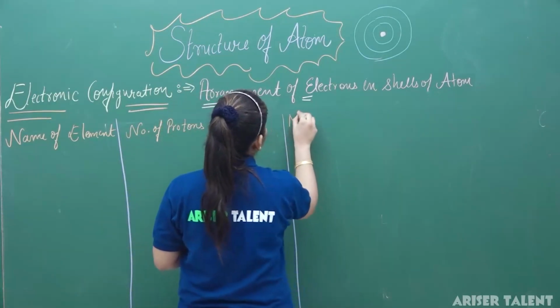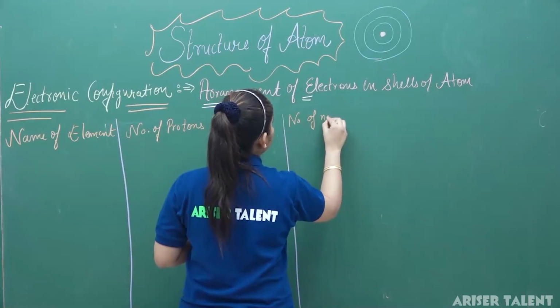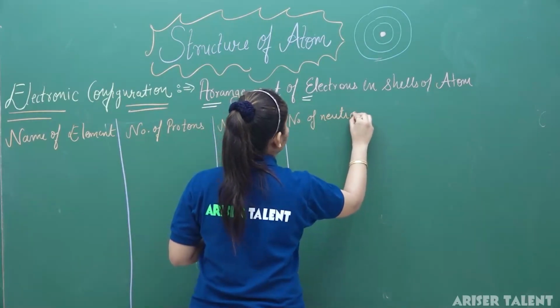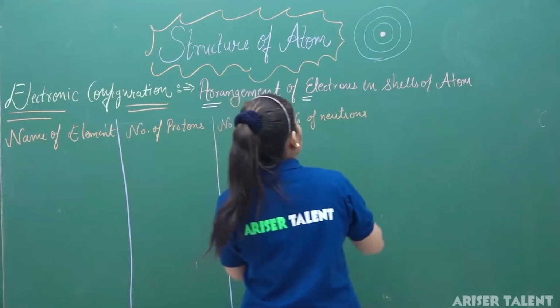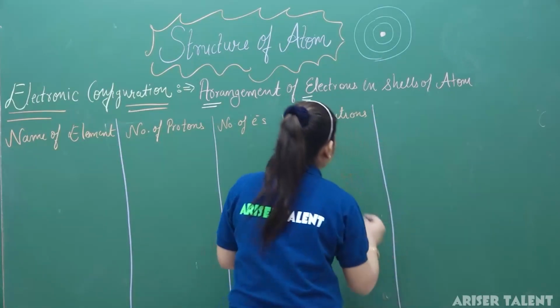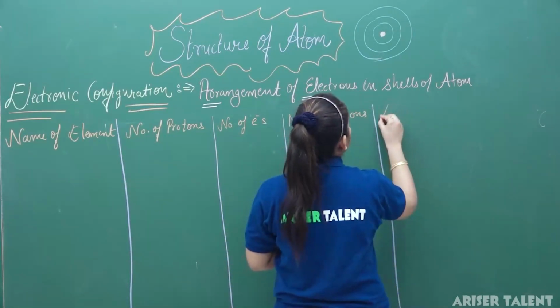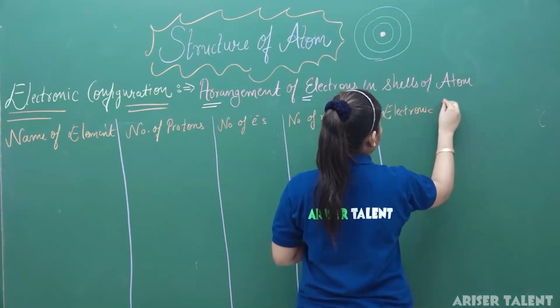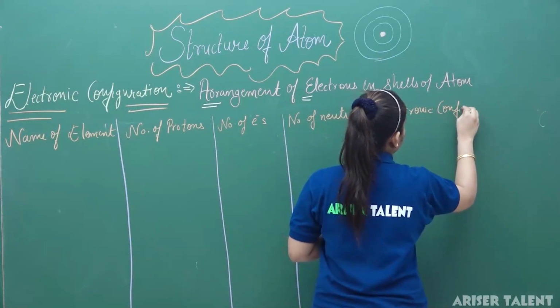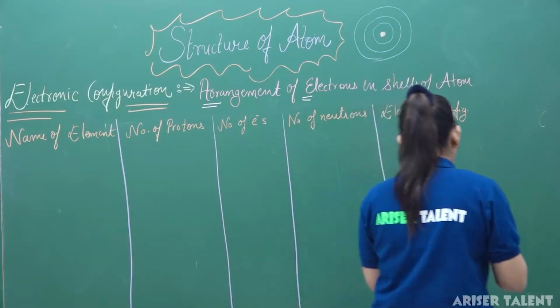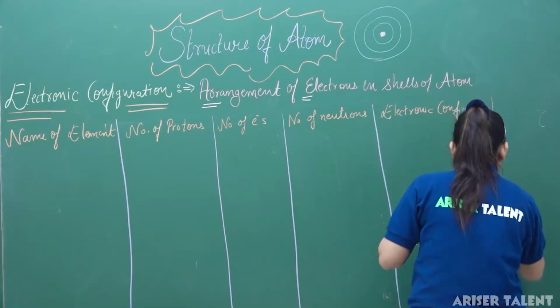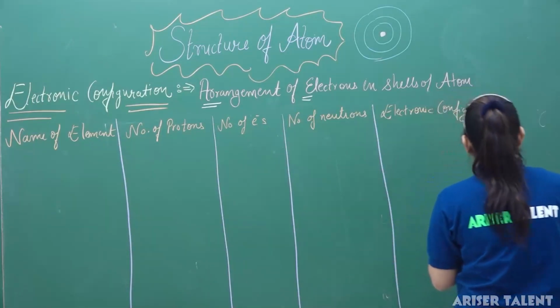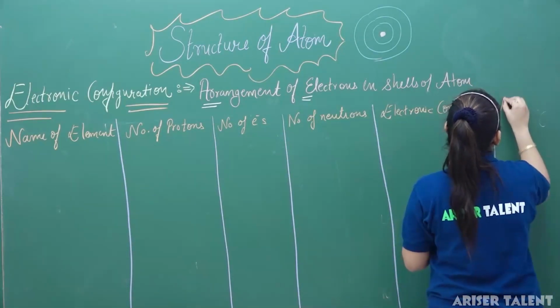Then we have the number of neutrons. Here we will write the electronic configuration. Then we will have its atomic structure.